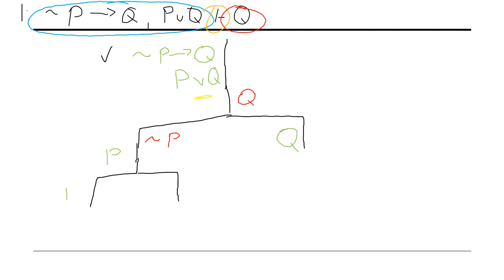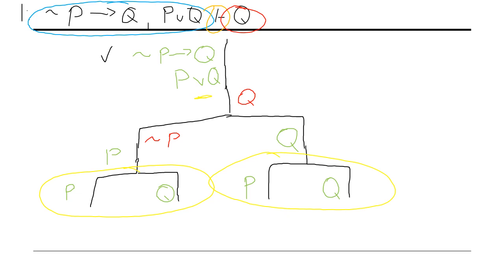And so we want to put the P and the Q here, and same thing here, the P and the Q. So this has to get repeated on every branch. That's just the same thing done twice.